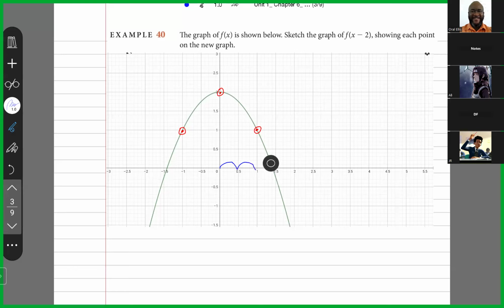So if I move it 2 units to the right, it means I have to make 4 jumps. So 1, 2, 3, 4. 0, 2 moves to 2, 2. 1, 1 moves to 3, 1.